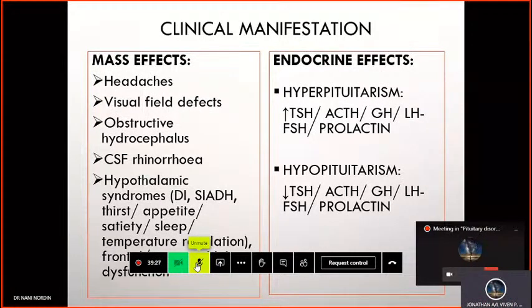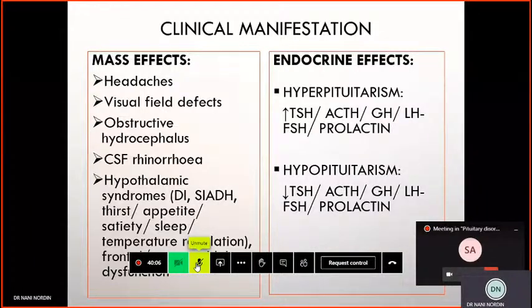But the sphenoid sinus is more inferior, because the sphenoid sinus is inferior to your pituitary. So erosion of the inferior part of the pituitary can cause an effect on your sphenoid sinus. This sinus drains into your nose, your nasal area.